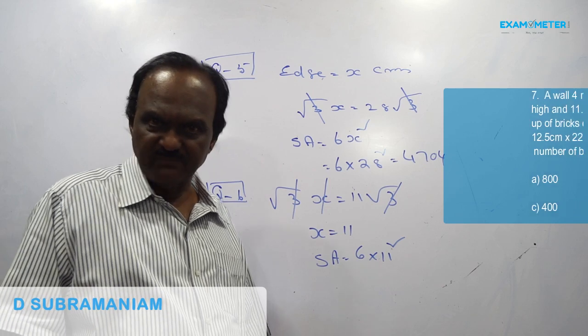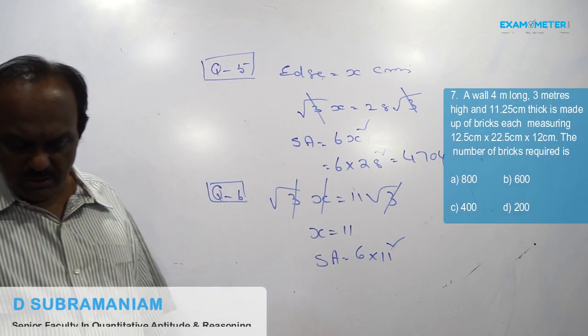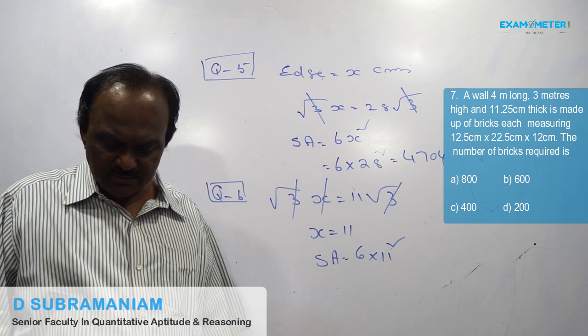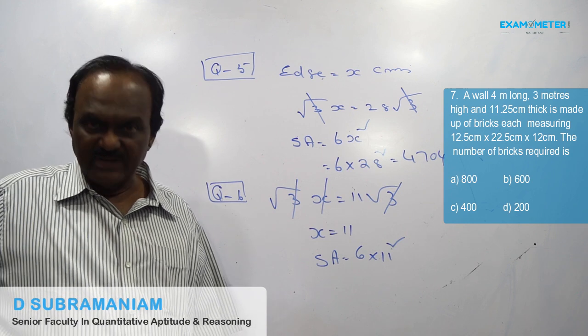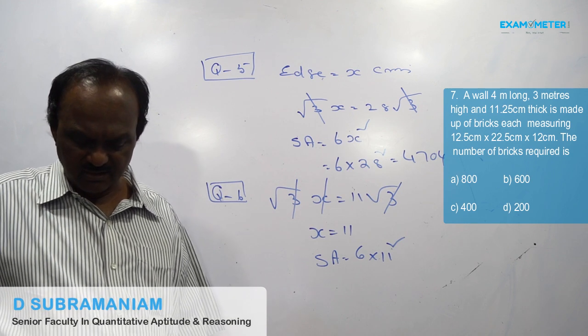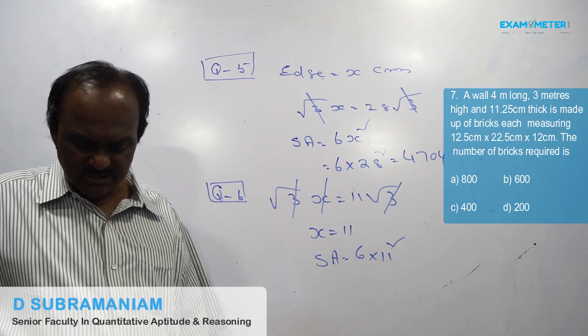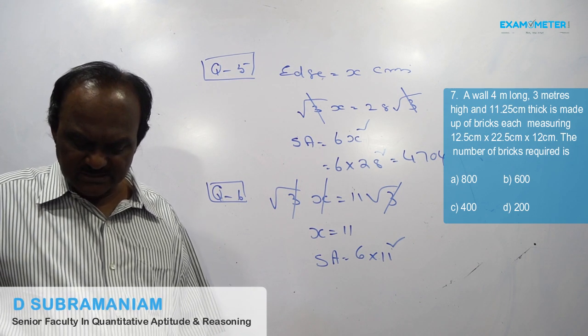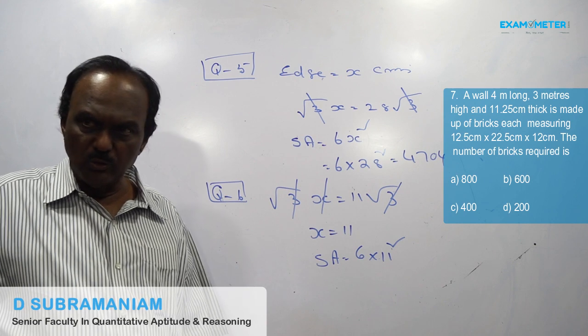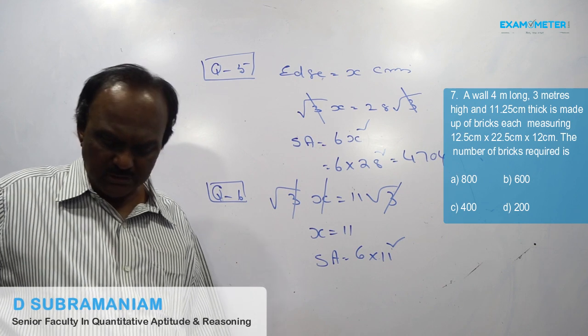Question number 7. A wall 4 meters long, 3 meters high and 11.25 centimeter thick is made up of bricks, each measuring 12.5 centimeter into 22.5 centimeter into 12 centimeter.